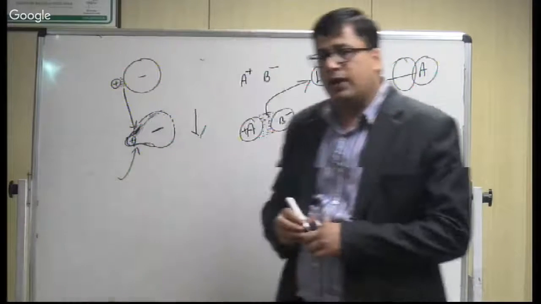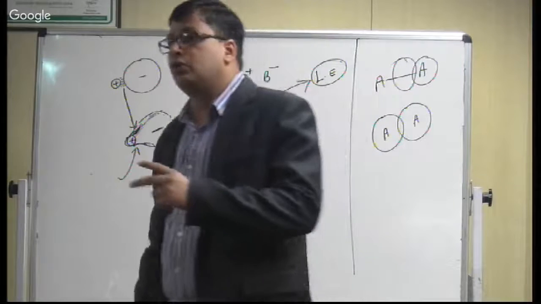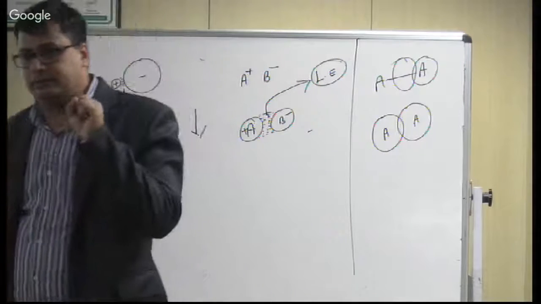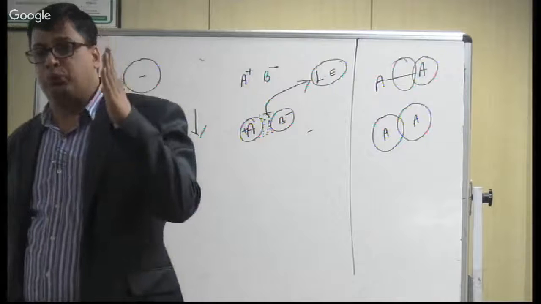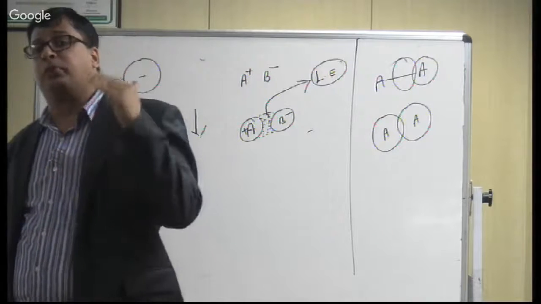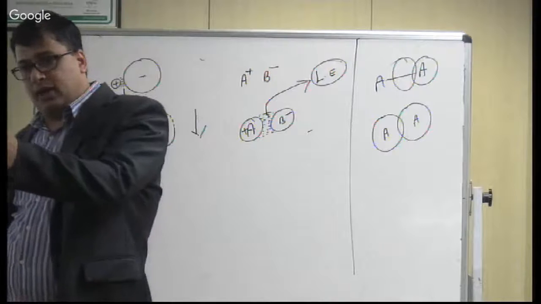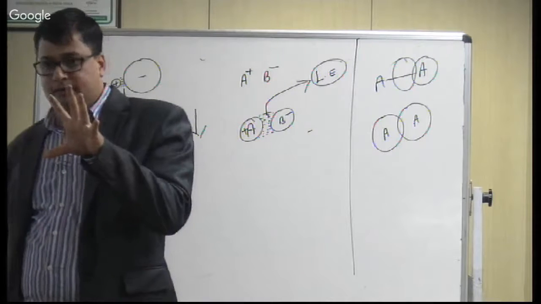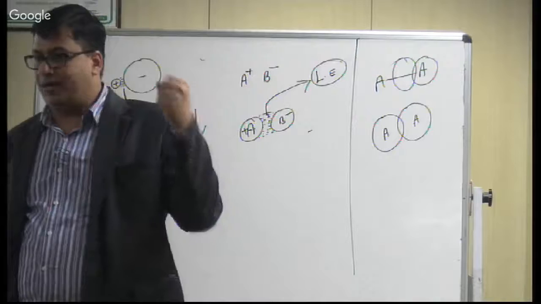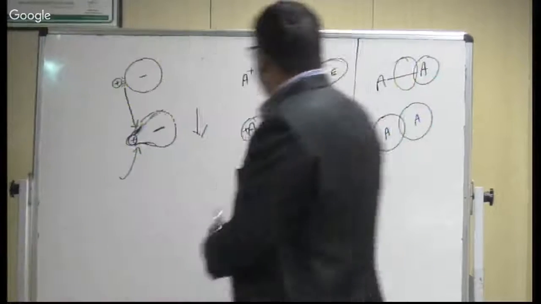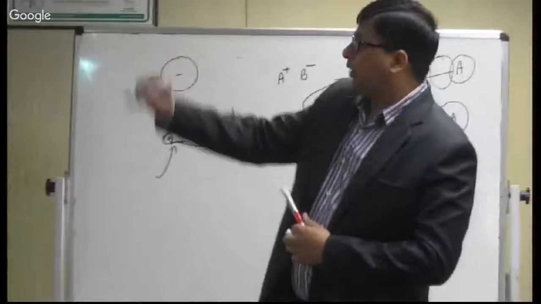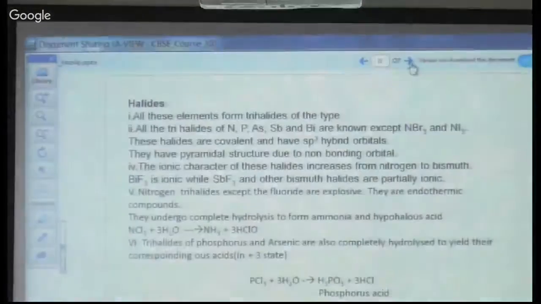Okay. So according to Fajans' rule, smaller the cation, higher will be the polarization. Higher the polarization, higher will be the covalent character. And larger the size of the anion, easier it is for the electron to be attracted. So in the third point, from nitrogen to Bi, the size of the cation increases.